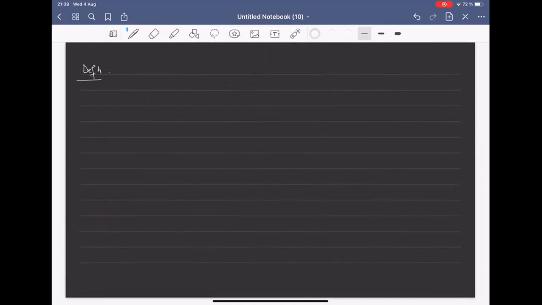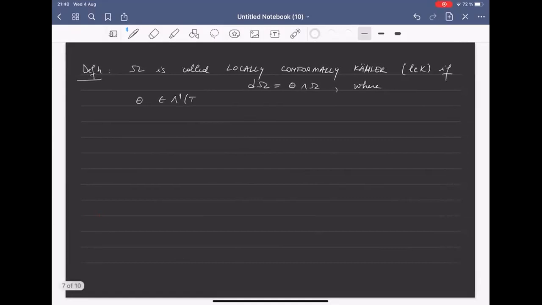We shall call a metric omega locally conformally Kähler, or shortly LCK, if omega satisfies this equality: d omega, instead of being 0, is theta wedge omega, where theta is a one form, real, and closed.